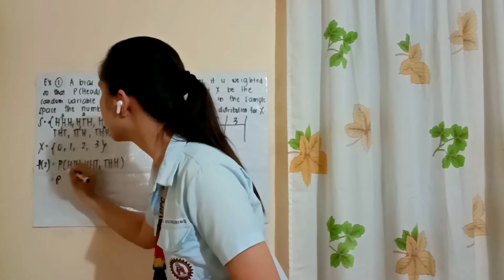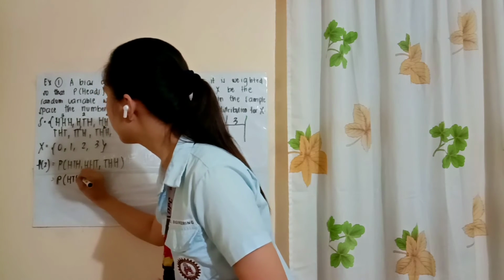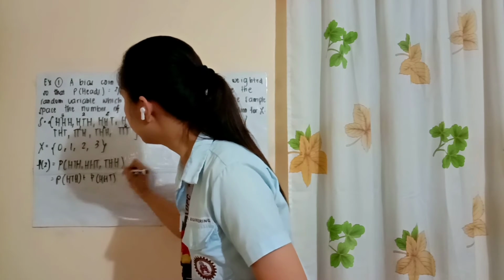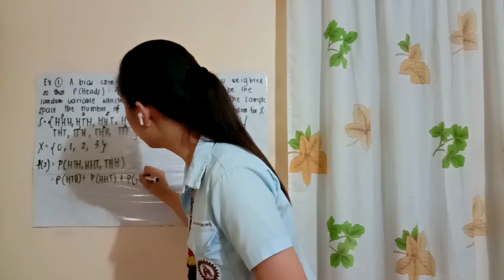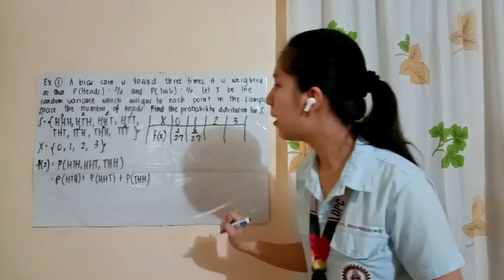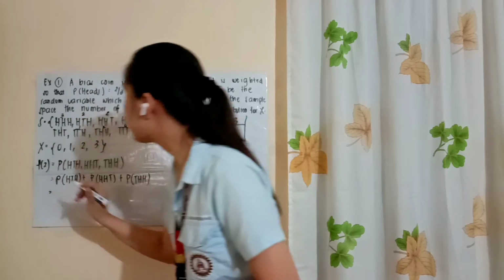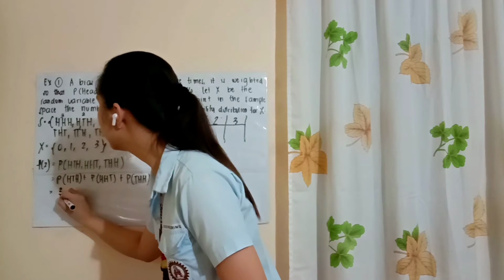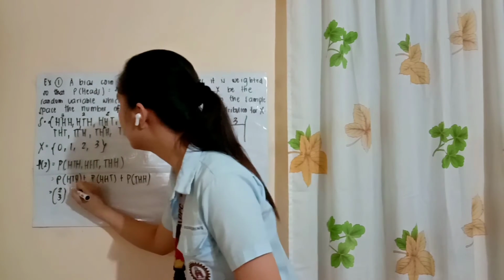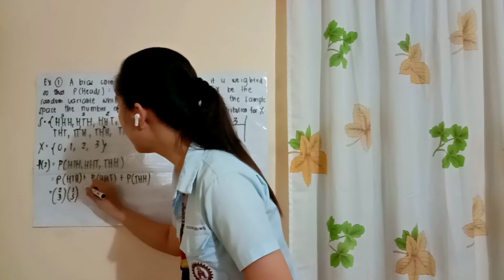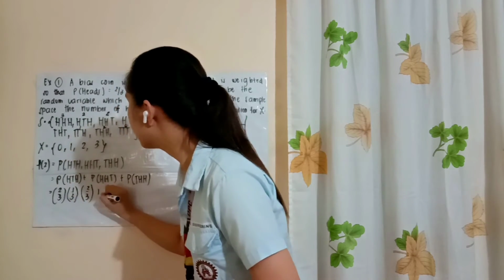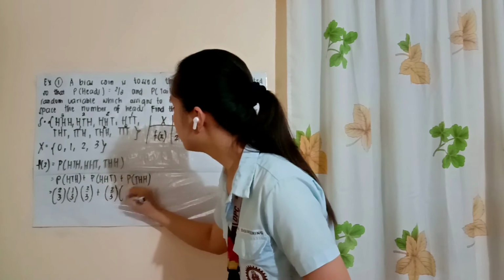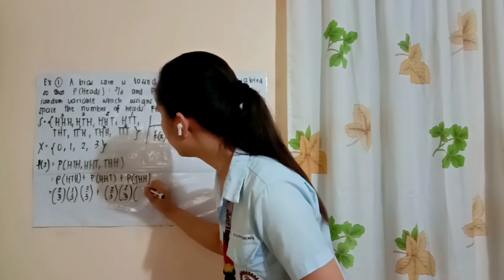Let's write it again as P of HTH plus P of HHT plus P of THH. Again, we get the probability of each one. For HTH, the probability of head is 2/3 times T, that's 1/3, times H, 2/3, plus the probability of HHT, 2/3 times 2/3 times 1/3.